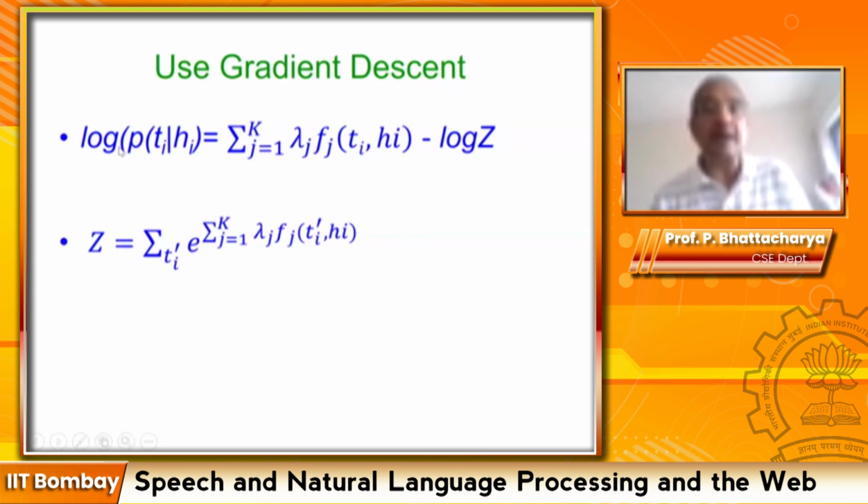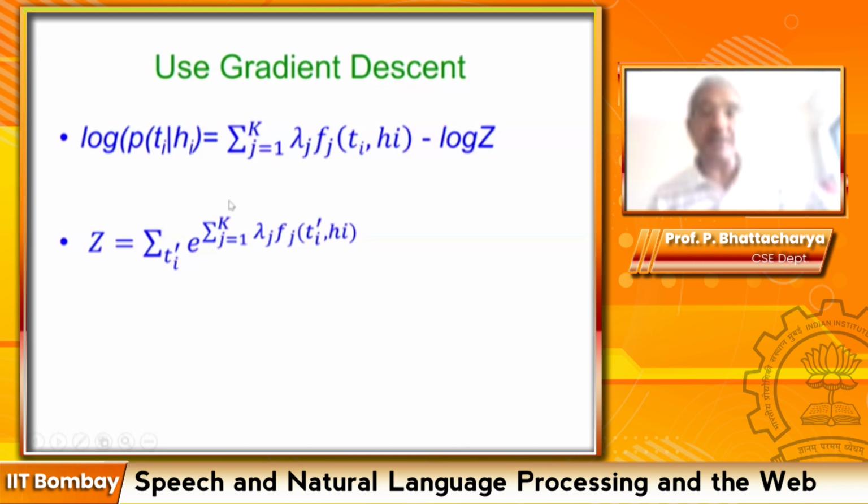So I have the probability of ti given hi expression. I take the logarithm. Then I have a linear expression in fj and lambda j, and I have minus log z because z was in the denominator. The e to the power, this sum has now become a linear expression. Log and e have absorbed each other.